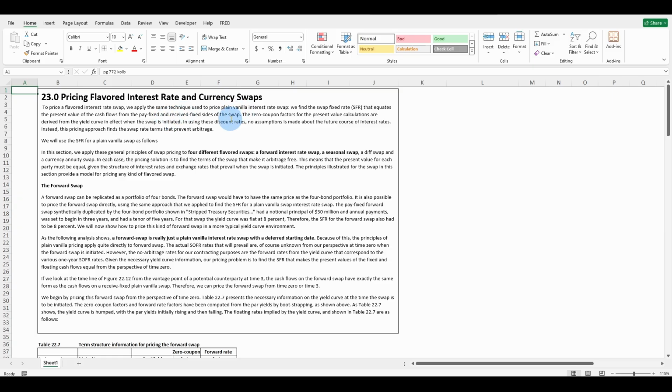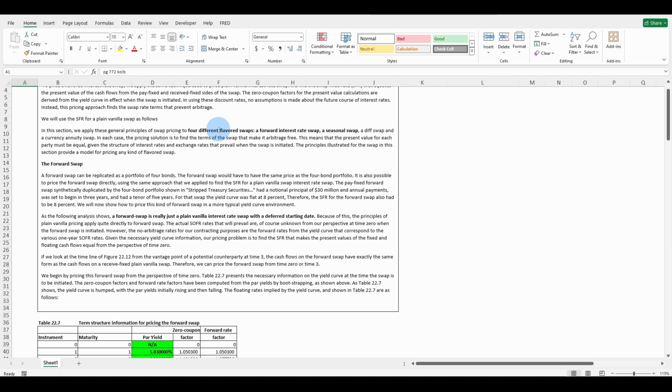The zero coupon factors for the present value calculations are derived from the yield curve in effect when the swap is initiated. In using these discount rates, no assumption is made about the future course of interest rates. Instead, this pricing approach finds the swap rate terms that prevent arbitrage. That's the objective here. We will use the SFR for a plain vanilla swap as follows.